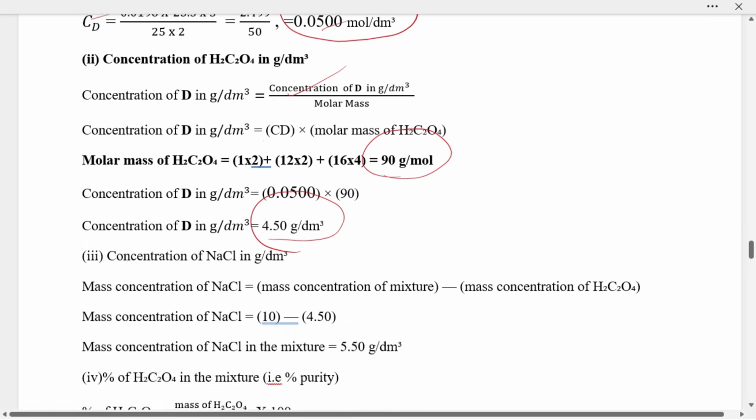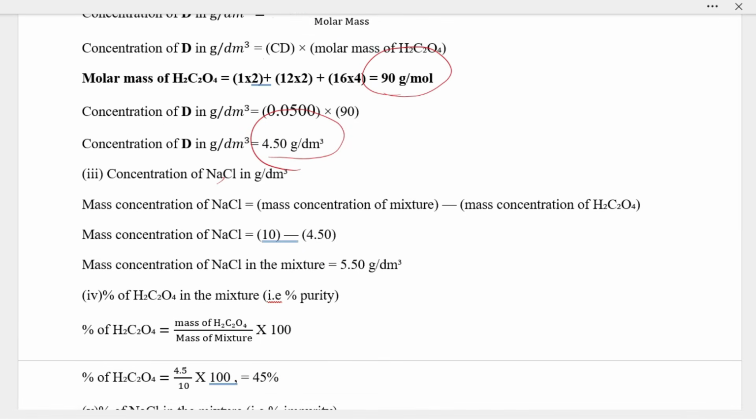Now, what is the concentration of sodium chloride? Remember, they are mixed. 10 is the mass of the mixture. When you remove 4.5 from it, of course, you're going to have 5.5. So 5.5 is the mass of sodium chloride in the mixture, while 4.5 is the mass of H2C2O4. Now, what is the percentage of H2C2O4 in the mixture? That's the percentage purity, which is your 4.5 over the total multiplied by what? 100.